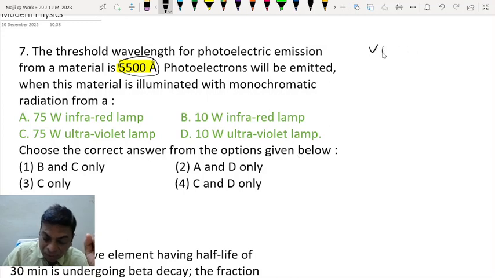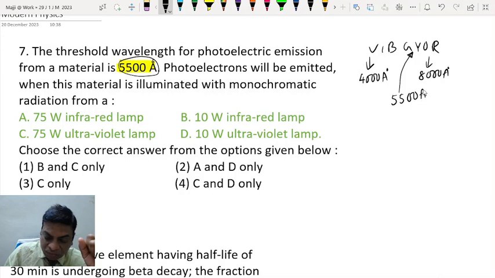You should remember it is somewhere in the yellowish green range, 5500 angstrom. Violet has a wavelength roughly around 4000 angstrom, and red has a wavelength roughly around 8000 angstrom. So this lies in between, somewhere in the bluish green range.